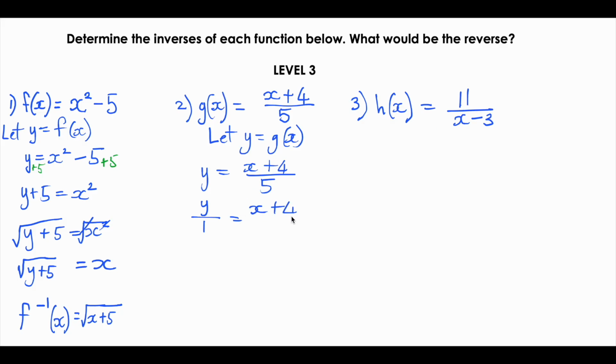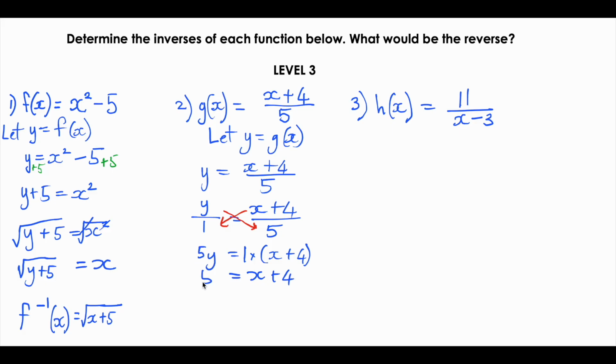Okay, so let's go with this here now. So what we have here, we can say we cross multiply. So y times 5 and then x plus 4 times 1. So what we'll be left with is 5 times y is 5y, which is equal to 1 multiplied by x plus 4. So now 1 multiplied by x is x, and 1 multiplied by positive 4 is positive 4.